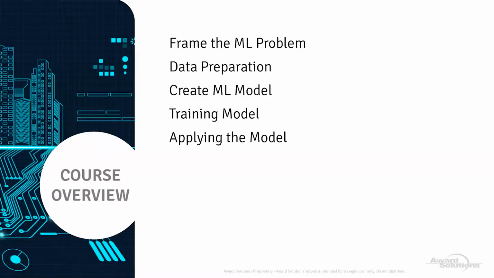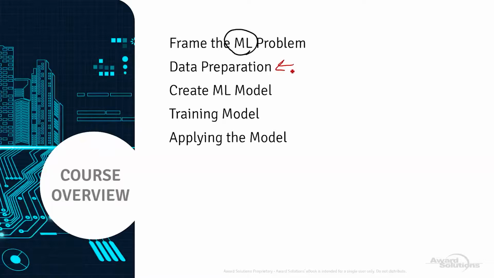Our agenda for today is, first, we're going to look at framing a machine learning problem. Artificial intelligence has a number of subcomponents, and one of the dominant subcomponents we are looking at today is called machine learning. So we're going to look at framing a machine learning problem: what does it mean to decide when to use machine learning as an approach to solving that problem?